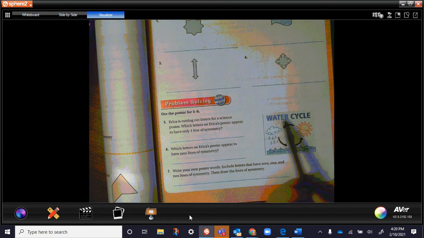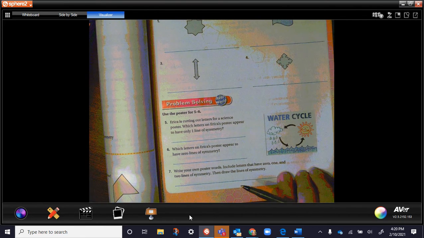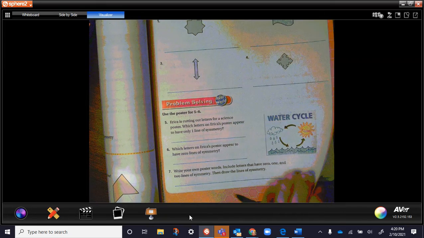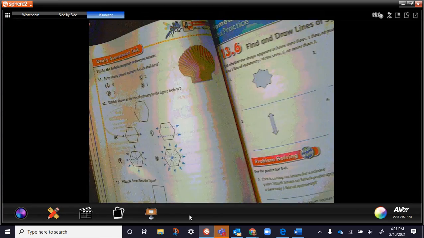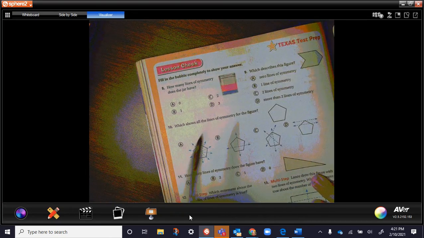So go through all the letters and test those 3 types of ways. And then on the back, you have number 8. Oh, and for the number 6, you're just going to write on your answer document which letters. All right, on number 8, multiple choice, how many lines of symmetry does the jar have?